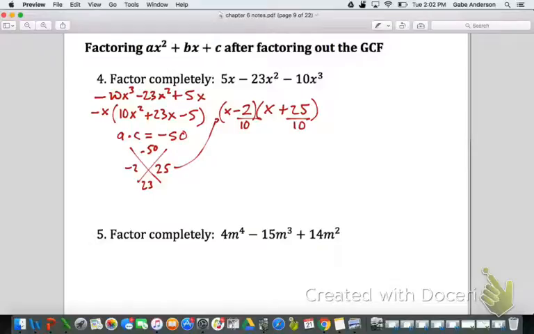After that, I need to reduce to lowest terms. This gives me x minus 1/5 and x plus 5 halves. Because both of those are still fractions, I need to go bottoms up. So this gives me 5x minus 1 times 2x plus 5.